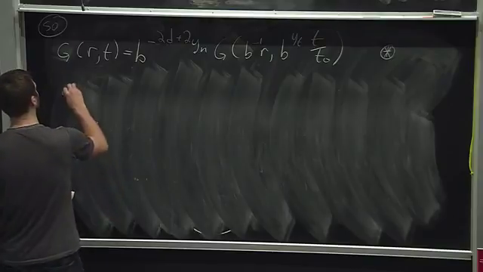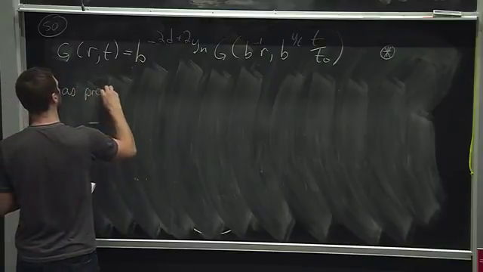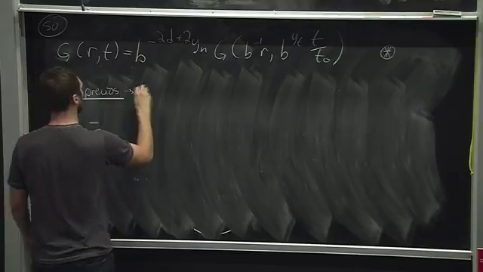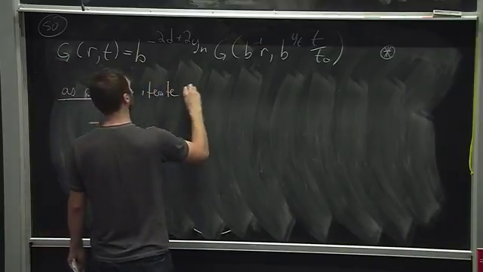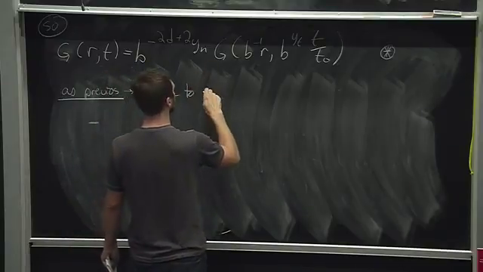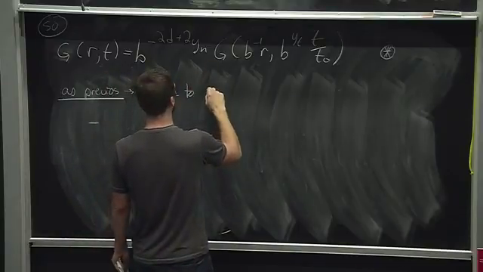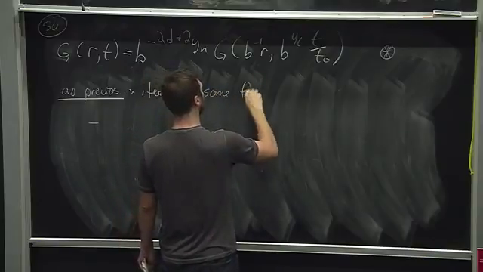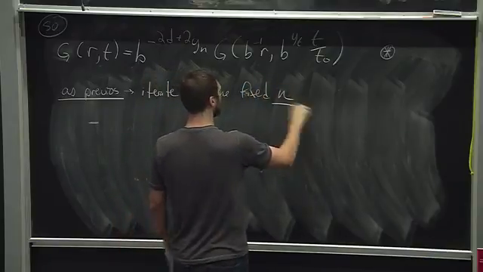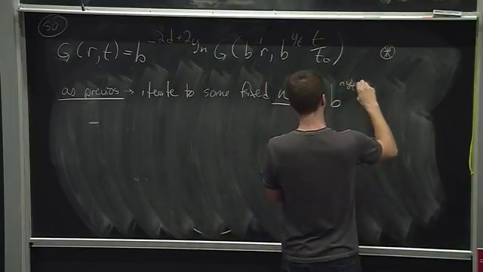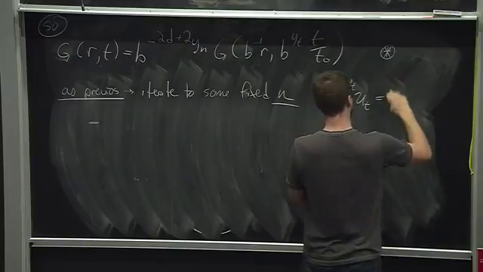So this is only for once. This is n equals 1. Iterate to some fixed large n. Remember, it's b to the n, yt, ut.